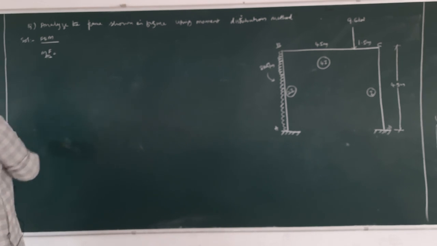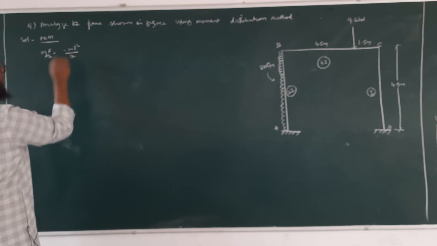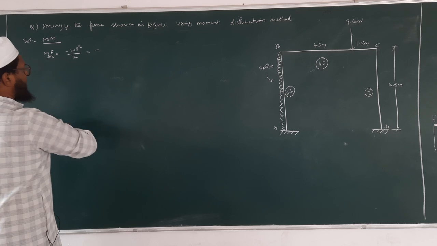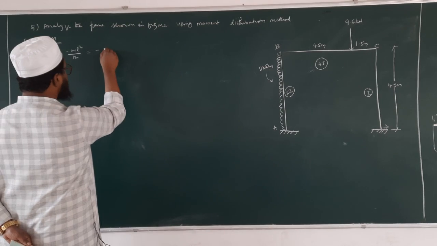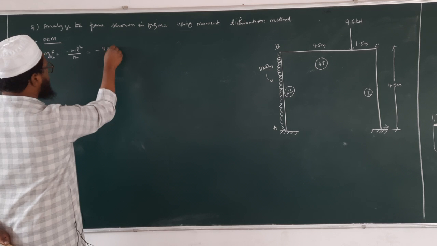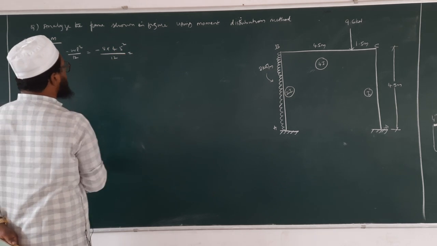MFAB is equal to how much? Minus WL square by 12, right? What is W over there? 8 into, what is the span? Divided by 12. Tell me this value.